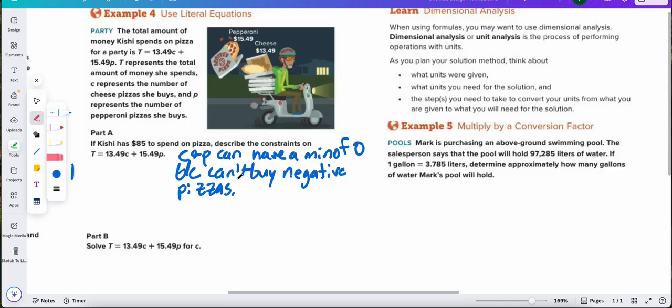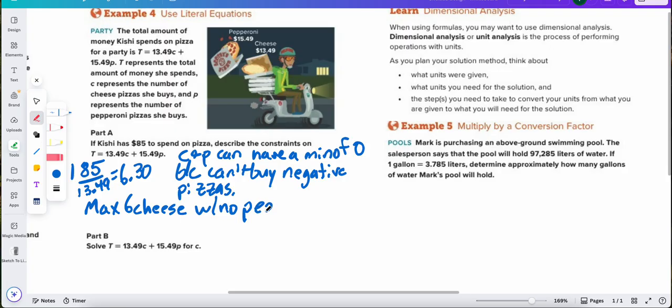So to find the maximum of cheese, that would be when you have no pepperoni. Okay, so you would want to take 85 divided by how much a cheese pizza is, which is 13.49, which gets you 6.30. So we have a max, and we can't go over this, so a max of 6 cheese with no pep. Okay? Because if we get more than that, we're going over the $85. So then we have to do the same thing to figure out how much pepperoni pizza we could buy.